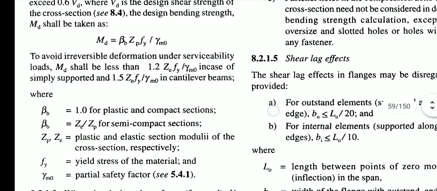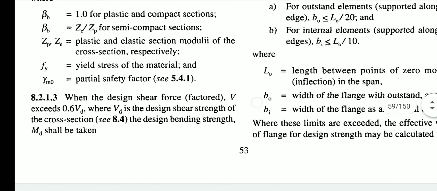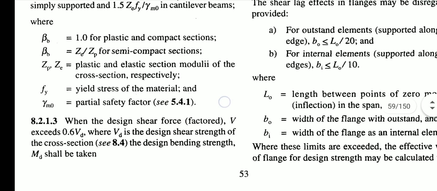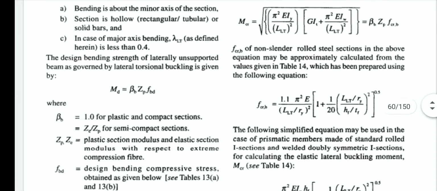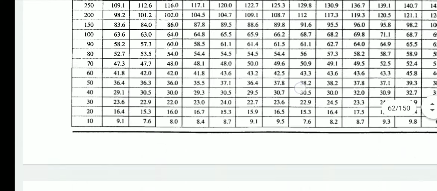The second case is when the design shear force exceeds 0.6 Vd. Then Md should be calculated as given in clause 9.2, the Md formula will change when the shear force exists greater than 0.6 Vd. So now I'll show you here page number 60.